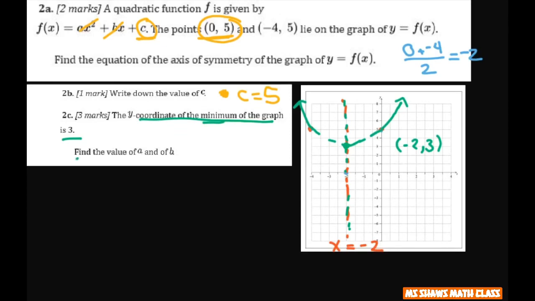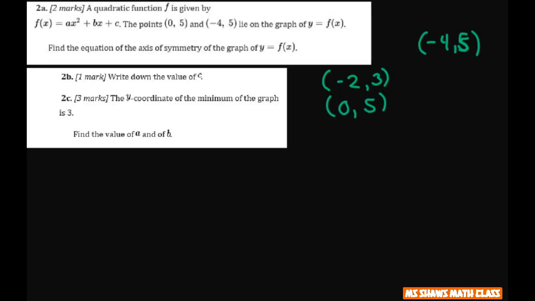So now we have to find the value of a and b. So let's write that out. We have (-2, 3), (0, 5), and (-4, 5). You could also put this in the calculator and do it that way. What I'm going to do is solve a system.